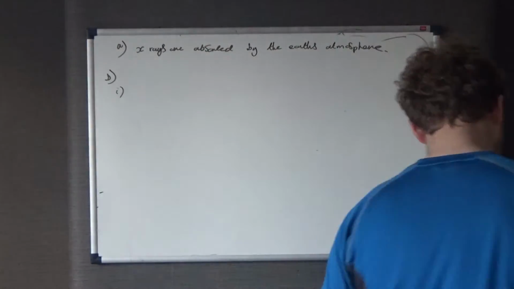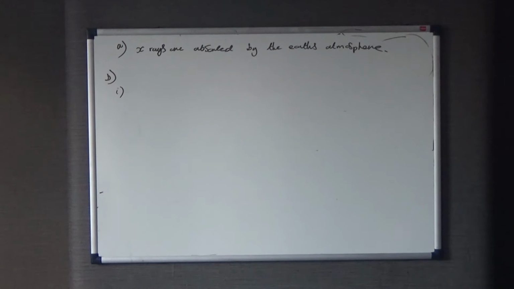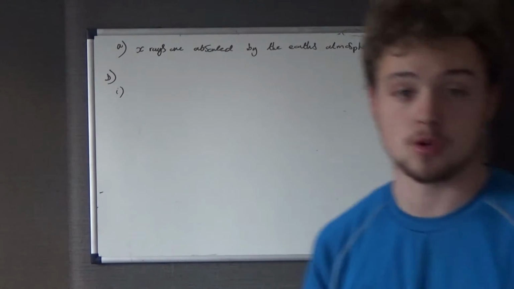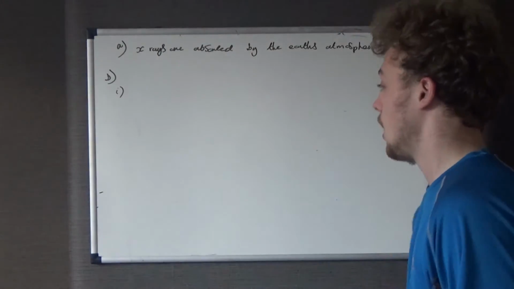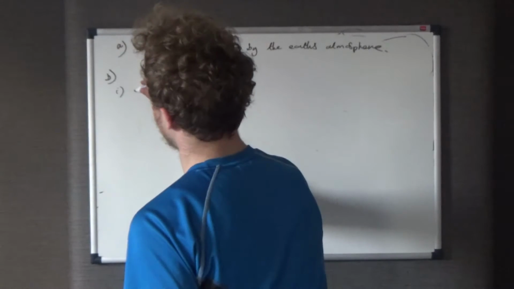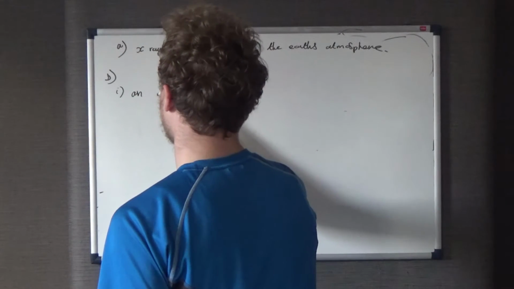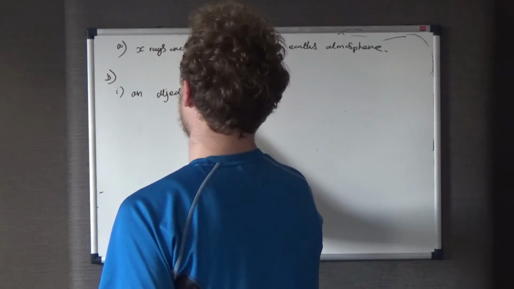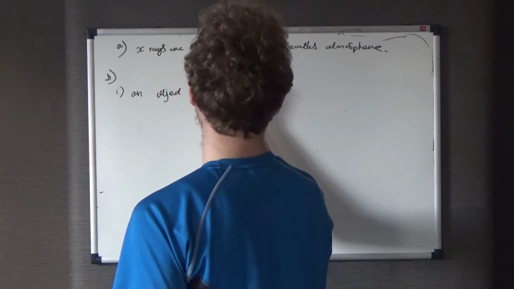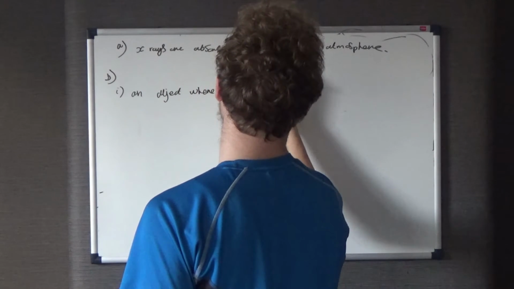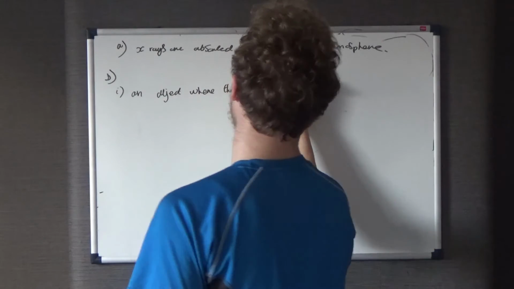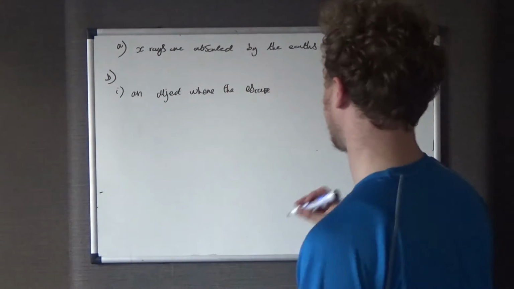And the key wording you need to use is basically you can class it as an object, or you could put a collapsed star, but you don't need to go into more detail on that. I'm just going to label it as an object. Okay, so a black hole is an object where the escape velocity is greater than the speed of light up to a certain point, called the Schwarzschild radius, but you don't need to put that in.